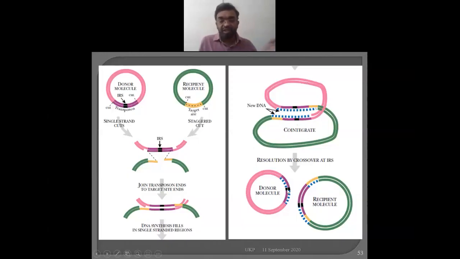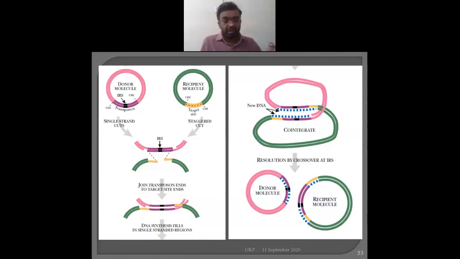Formerly within a cell, say for example this is the chromosome and this is a plasmid, there is only one transposon, but after transposition, two molecules of the transposable element are there. Hence, replication takes place simultaneously, and it is referred to as replicative transposition.